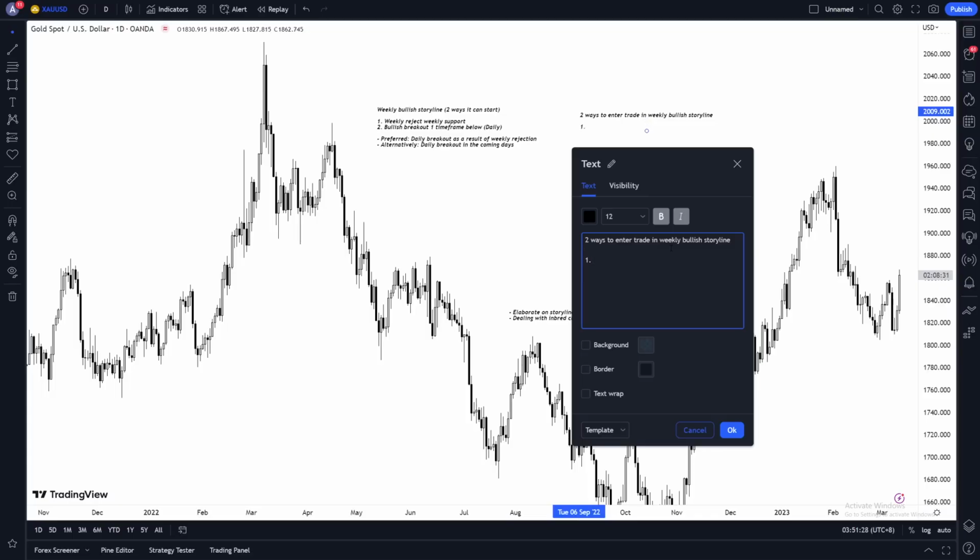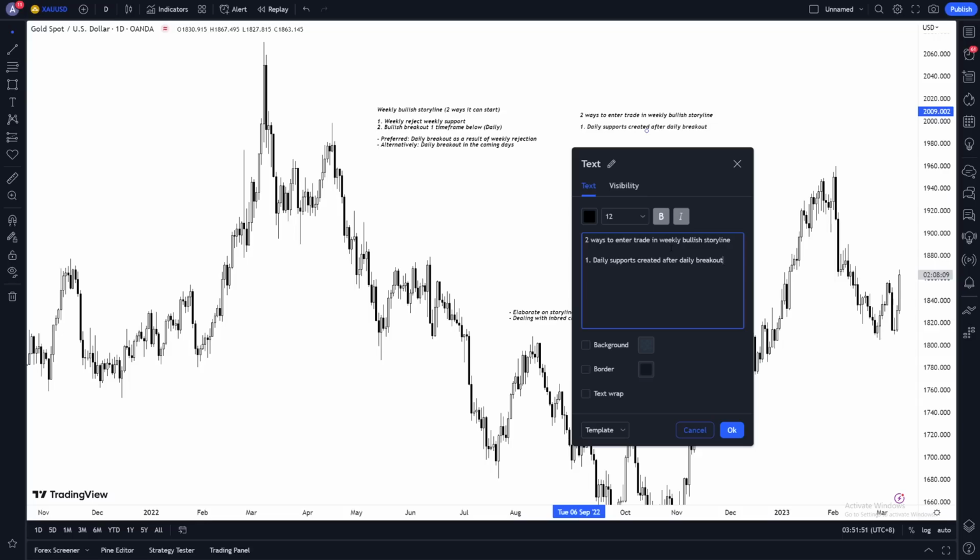What's the first way? Simply daily support. So we'll say daily supports created after daily breakout. So why do I say after daily breakout? Avi, now you're confusing the hell out of me. What do I mean by daily supports created after daily breakout?